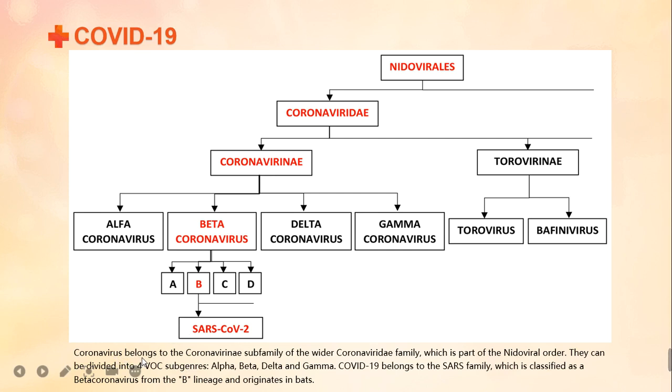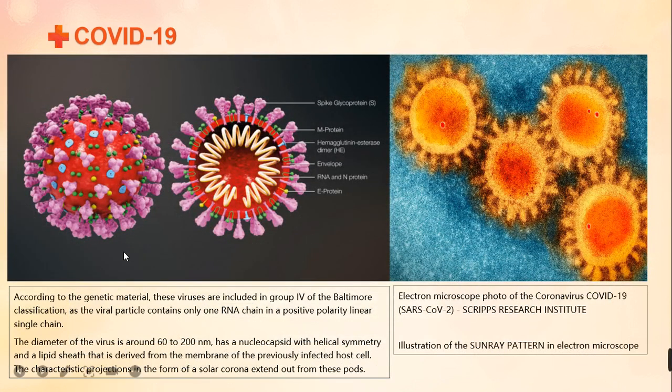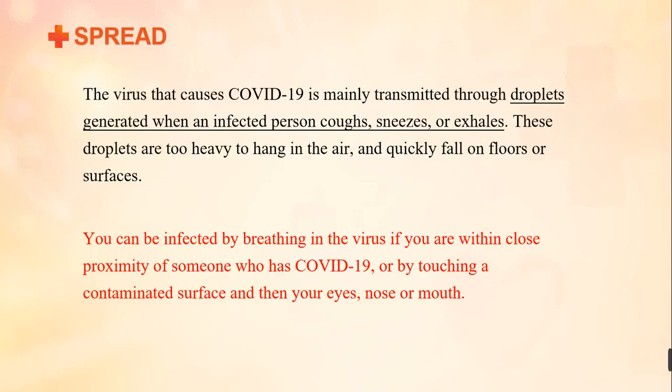I have given the description for you to read, so you can go through the reading part. This is the genetic material, and this is the electron microscope image. As I said, you can see it looks like a solar spike image, with a sun ray pattern as well. I'm just giving it for knowledge only, so I'll move on to the main topic.